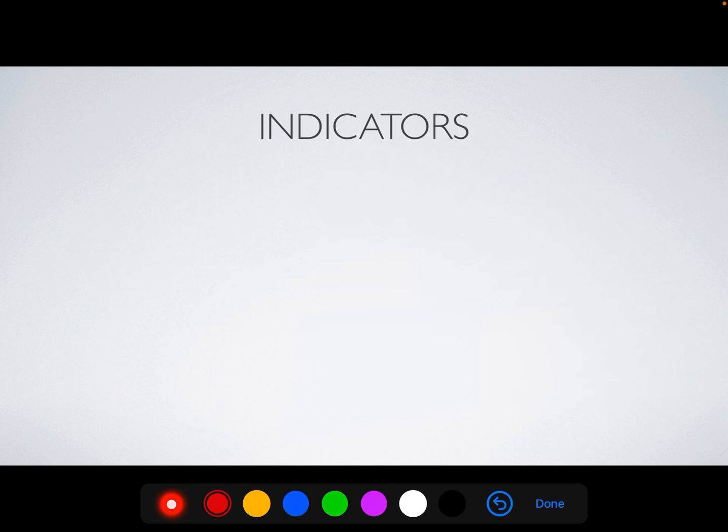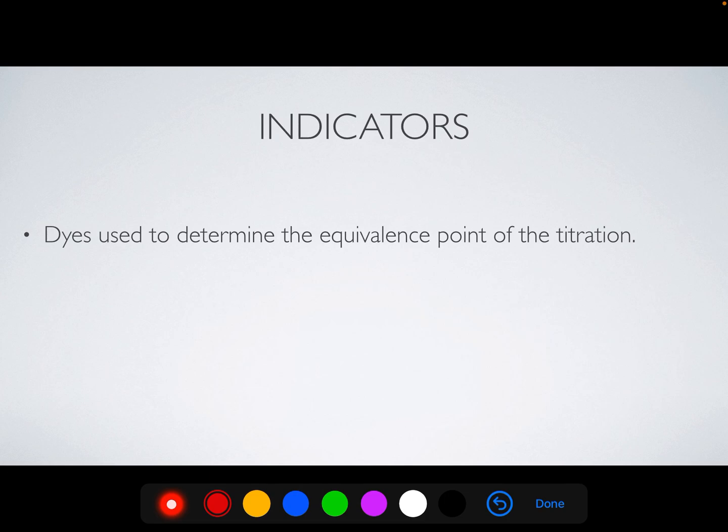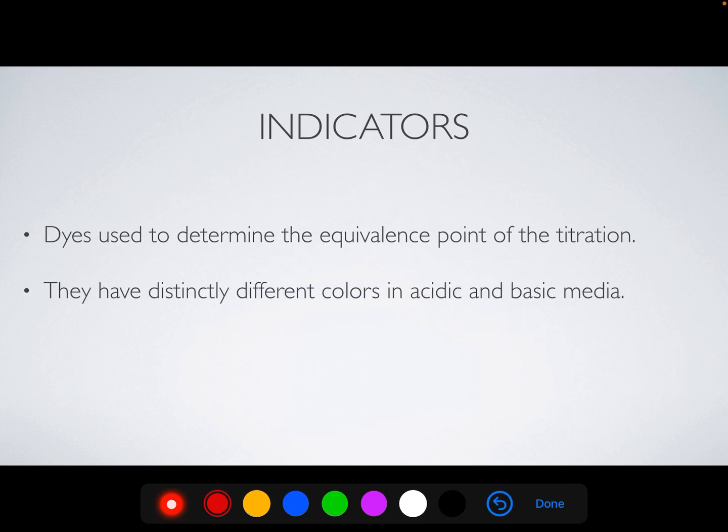Indicators ni ada banyak jenis sebenarnya, cuma yang sering kita guna dalam lab ialah phenolphthalein lah. Cuma kena tahu juga ada pelbagai jenis indikator yang lain yang boleh digunakan dalam titration. So indikator ni is dyes, pewarna used to determine the equivalence of the titration. Okay, they have distinctly different colours in acidic and basic media.